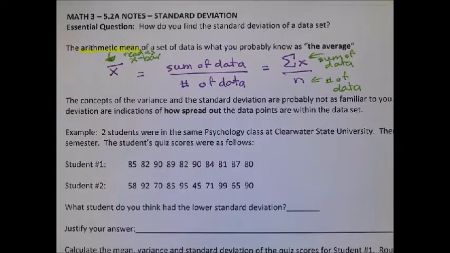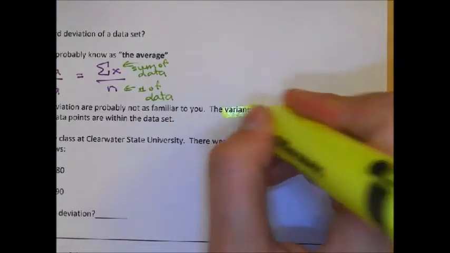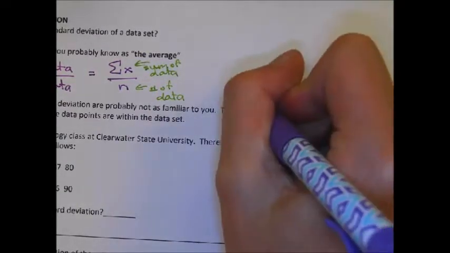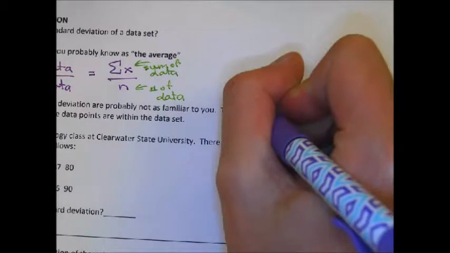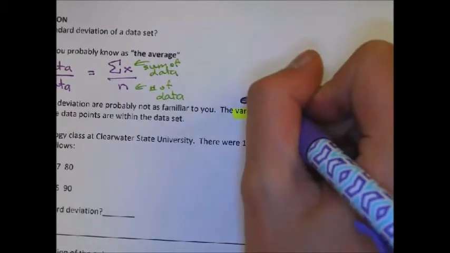The concepts of the variance and the standard deviation are probably not as familiar to you. So these are two new words, variance and standard deviation. And in statistics, we use the Greek symbol sigma squared for variance.